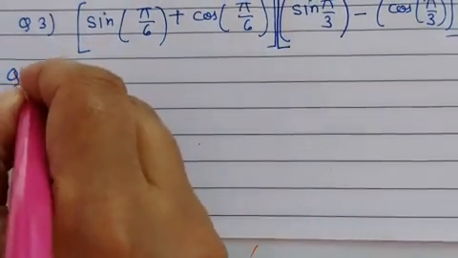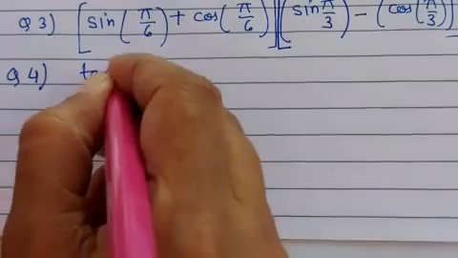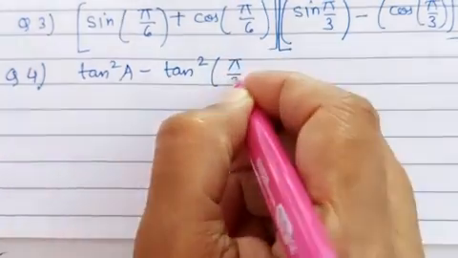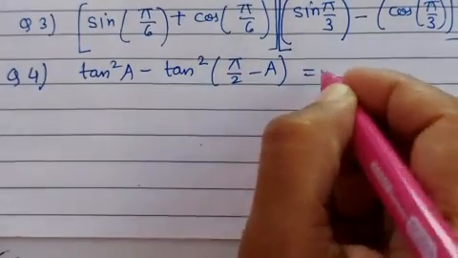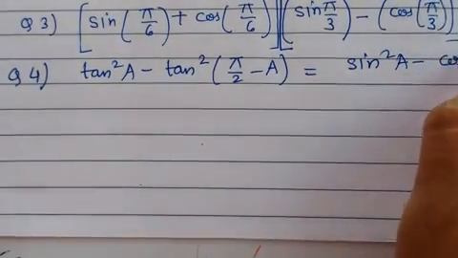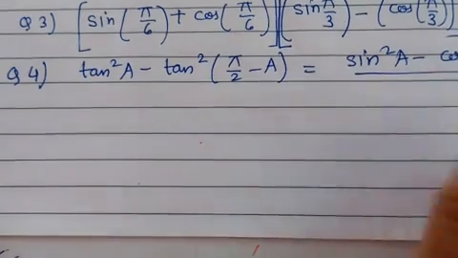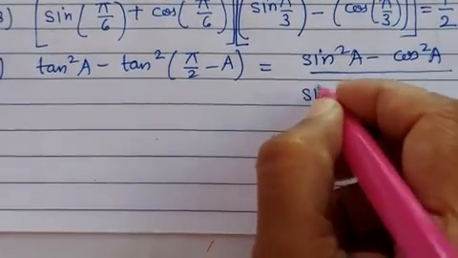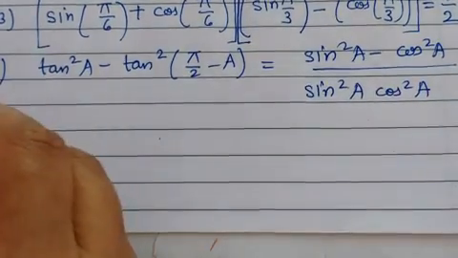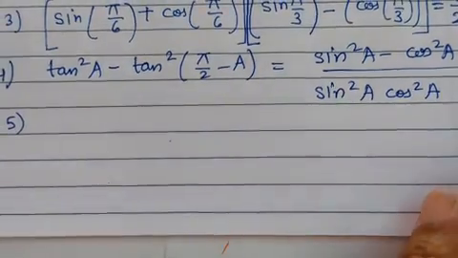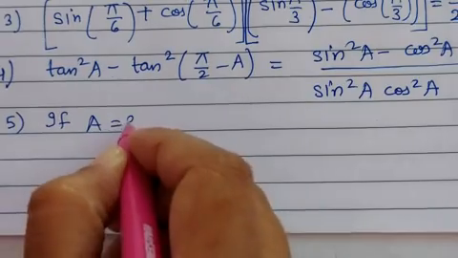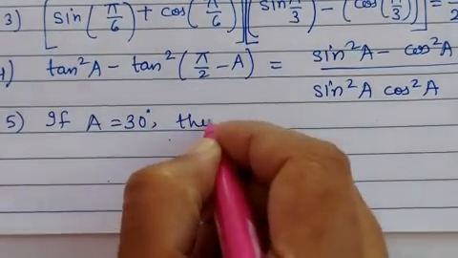Question 4 is tan square A minus tan square pi by 2 minus A equals sin square A minus cos square A divided by sin square A into cos square A.